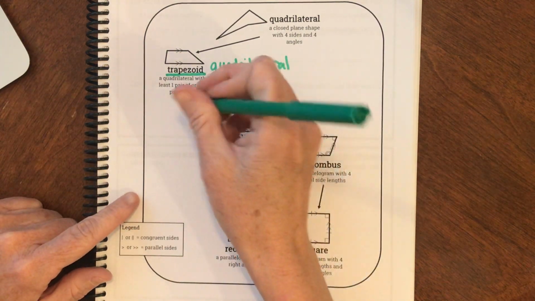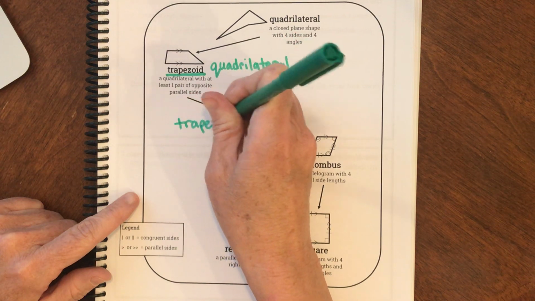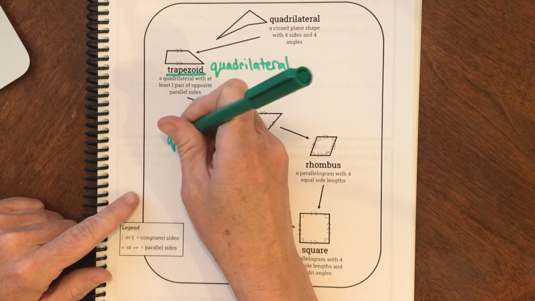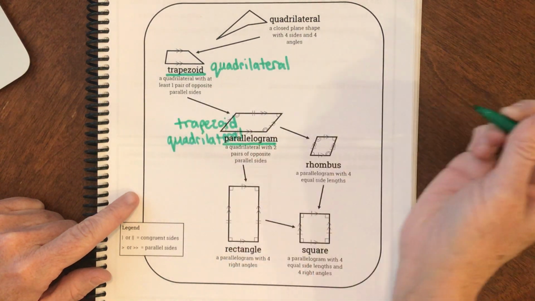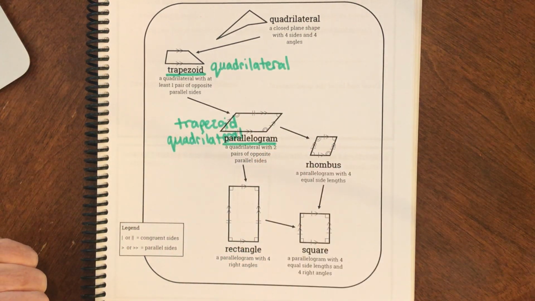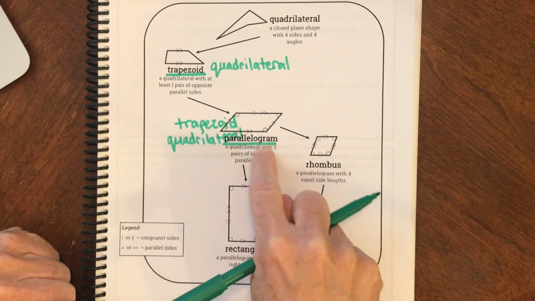So this shape could also be called a trapezoid. And it also could be called a quadrilateral. Sorry if that's hard to see. So this shape, you could call it three different names. A trapezoid, a quadrilateral, or its best name, a parallelogram.